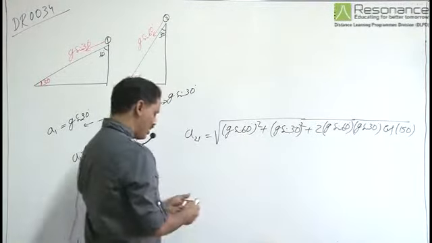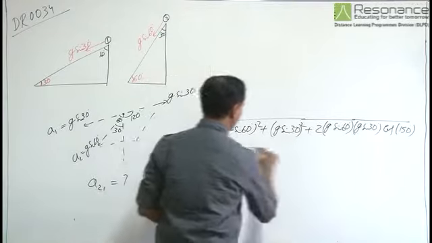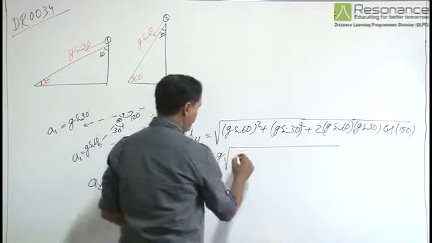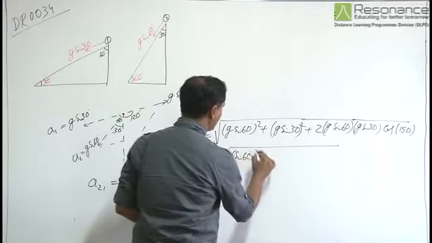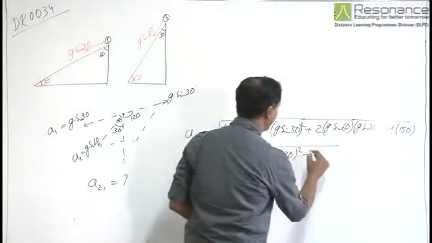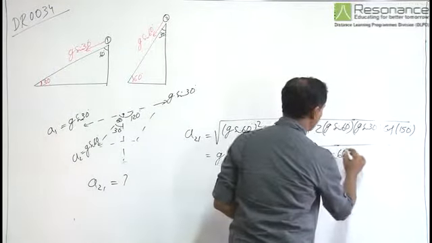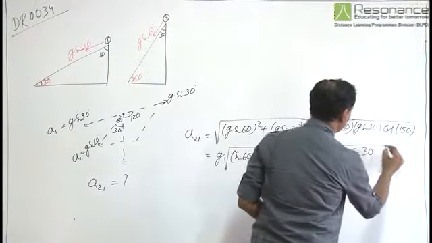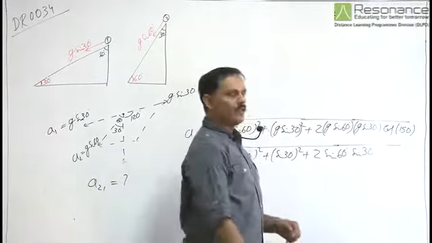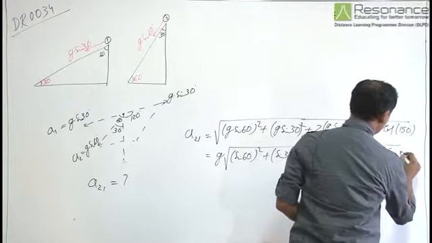As g square is common everywhere, it can be taken out of the root. g root of sine 60 square plus sine 30 square plus 2 sine 60 sine 30 cos 150, which is nothing but minus sine 60.